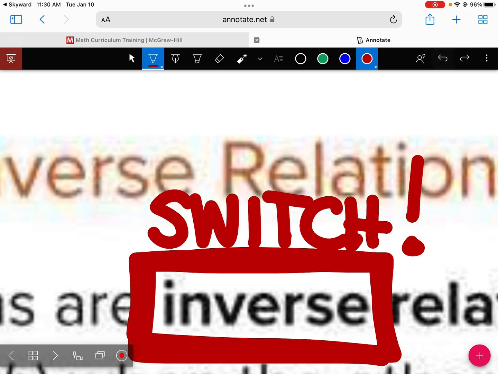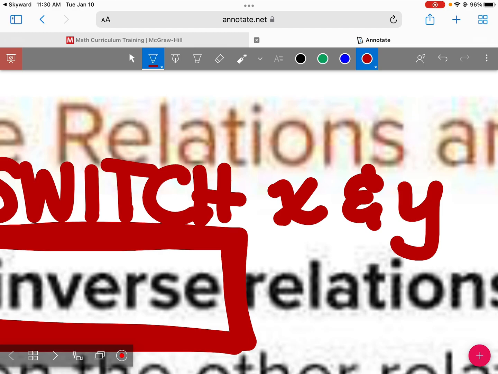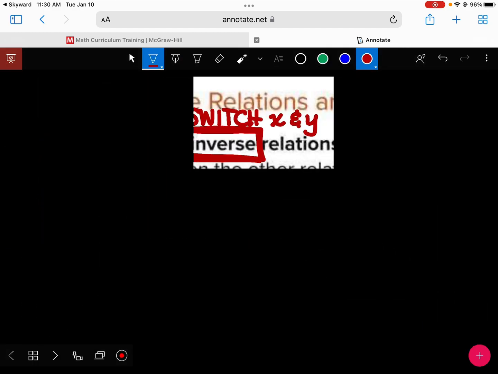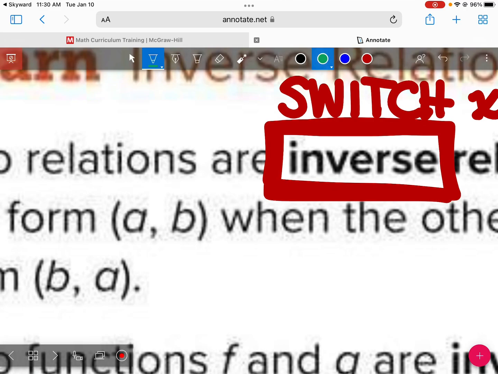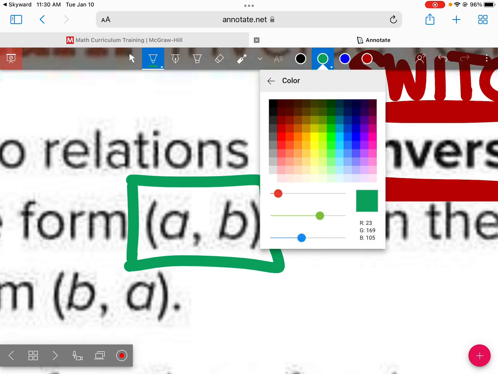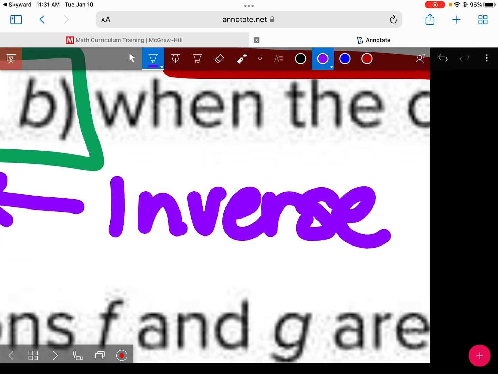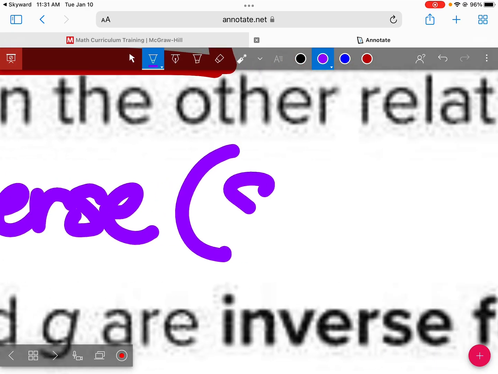When we are talking about inverses, my x's and my y's are going to switch. So if I had an ordered pair that looked like this, A and then B, the inverse of that, I would take and switch them around. This is the inverse, and it is switched.